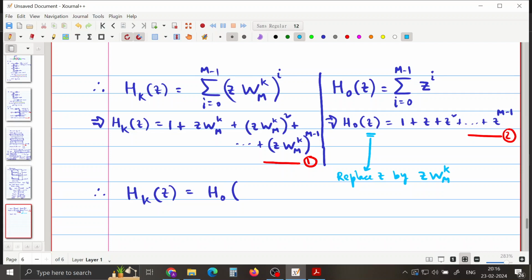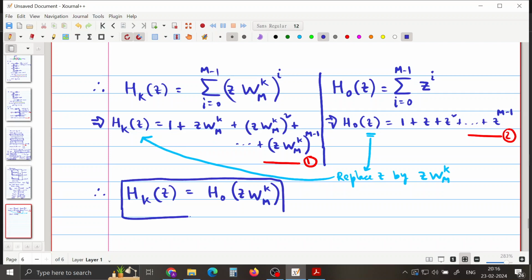If you do that, you get Hk of z. That is the observation. So this is the relation. And how did I write this? I basically compared equations 1 and 2 to write this.